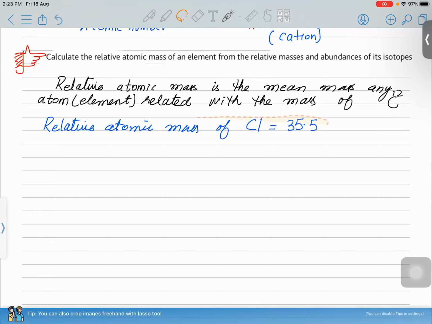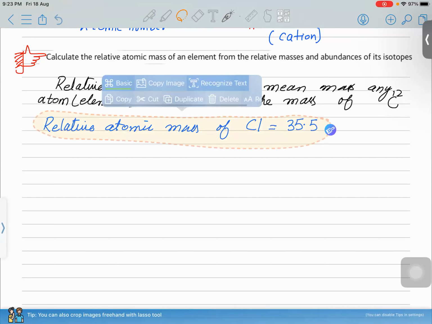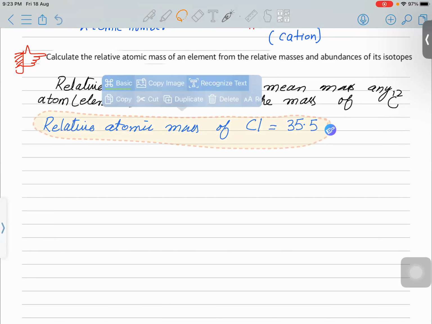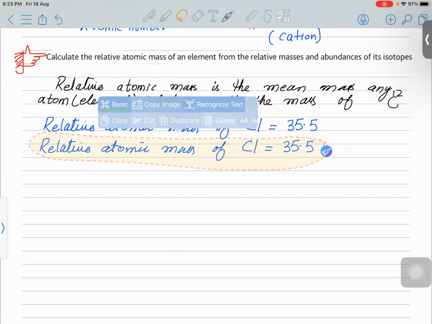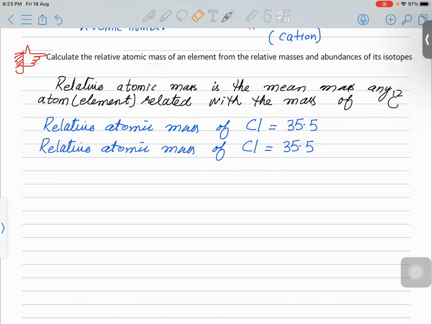Okay. Now tell me the relative atomic mass of sodium. Sir, it says 22.990. Very good, 22.990.